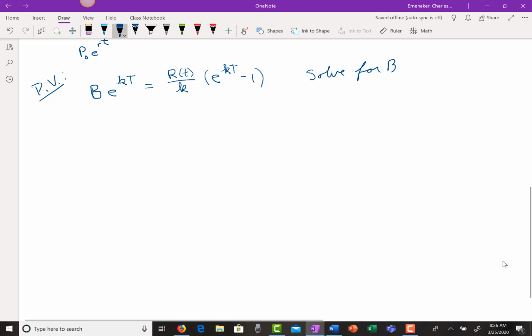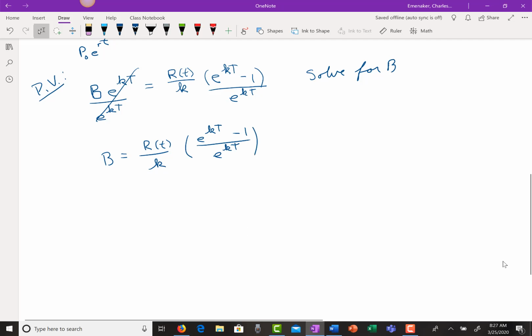Well, to solve for B, we can divide each side by e to the KT. Okay. And dividing by e to the KT, on the left side, it'll cancel, and we'll get our balance is equal to our revenue stream divided by our interest rate times e to the KT minus 1 over e to the KT, like that.